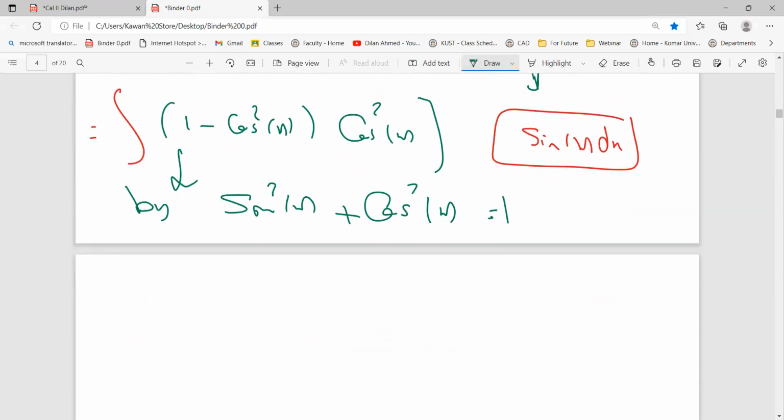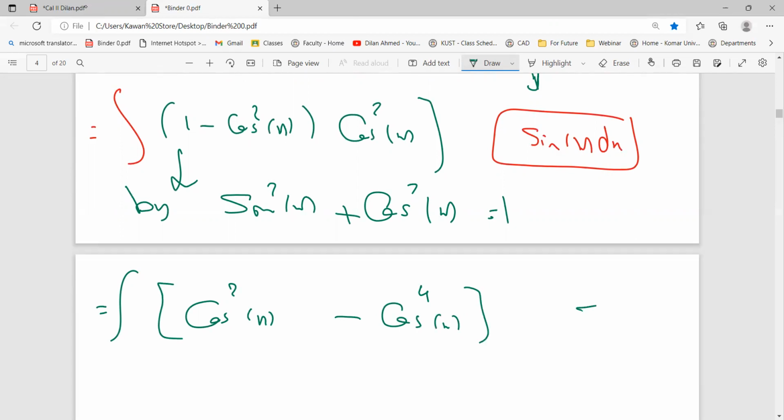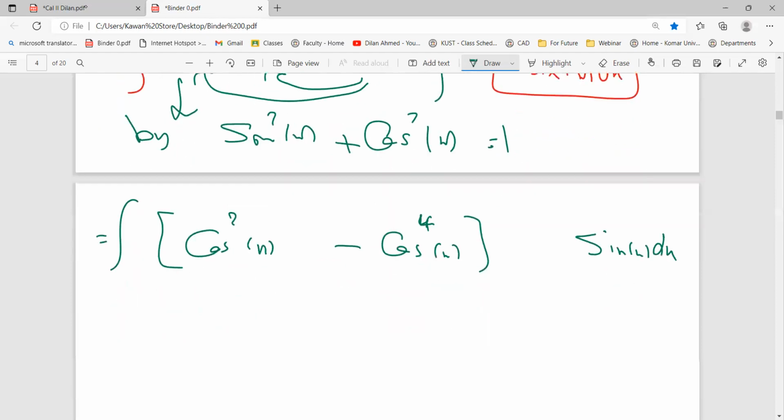Now, here we are. Everything changed, right? Am I right? Do you have any question? What happens? We multiply that to here. So now everything is ready. How? Separate them. You have a subtraction.